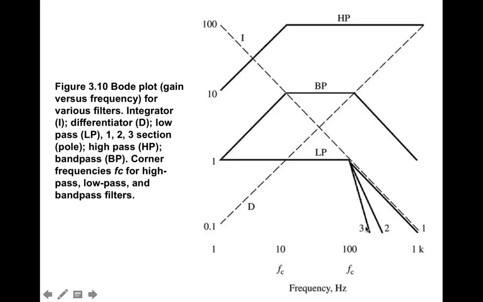This 1, 2, and 3 represent what happens as you go up in filter order. So you can see a first order filter does not cut you off as rapidly. A second order filter, the slope is much steeper. A third order filter, it's even steeper. And then finally, the bandpass filter has both a low and a high pass characteristic.